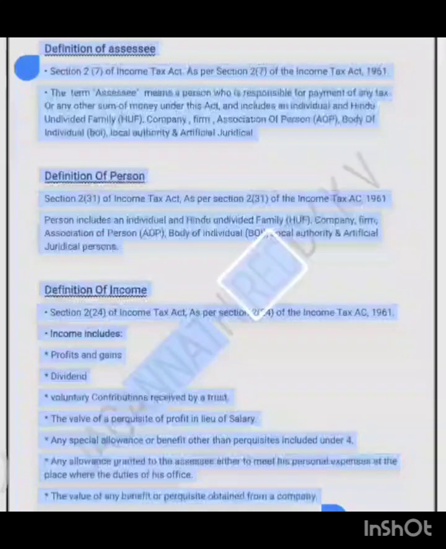Definition of income. Section 2(24) of the Income Tax Act, 1961.